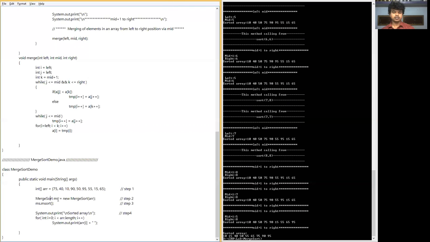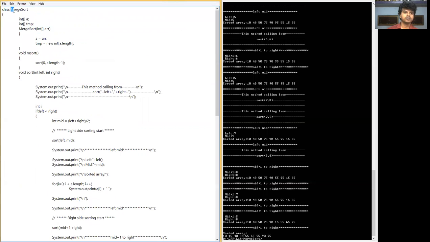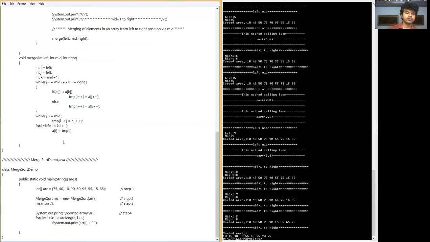After that, this is step 2, here creating an object MS of what? Merge sort. Merge sort is a class. Here you see, this is the merge sort. To this class, we are creating an object. To this object, we are assigning memory using the new keyword, and through the merge sort class we call a constructor and pass an array.